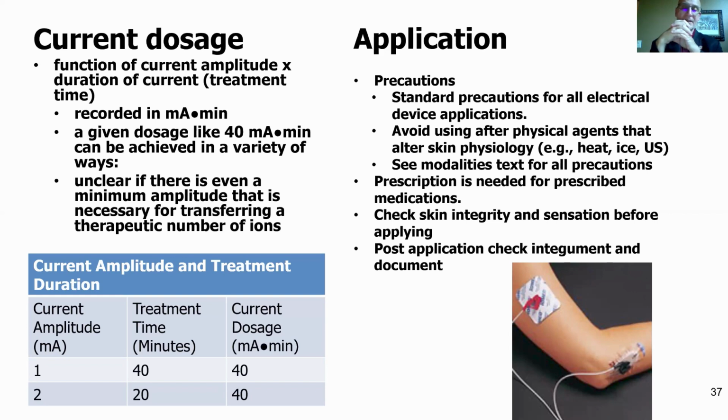And just like any other electrical modality, you always check the skin integrity. And then you really want to check post-application, the integumentary and documentation, because it is a continuous current and there is the potential for a burn. And so you always want to check afterwards and make sure there's not. If there is, then you document and treat appropriately.